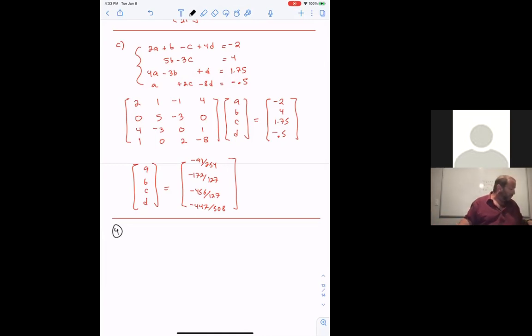So, 4. In 2016, Sonia invested a total of $175,000. That's a lot of money. In 3 different index funds, Fund 1, Fund 2, and Fund 3. After 1 year, the combined value of all of her investments was $181,615. So this is time t equals 0 and time t equals 1.